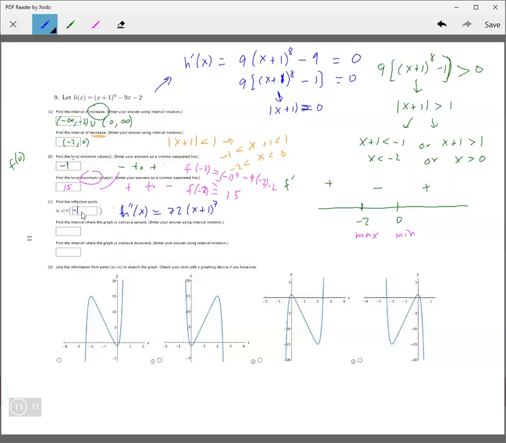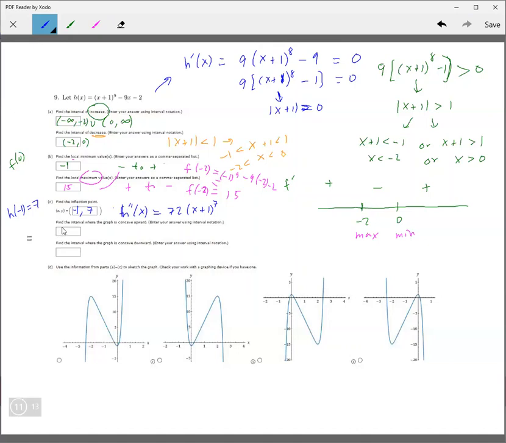So -1, comma, and then put that in here. H of -1 is equal to 7. You put -1 here, that goes away, and you have -1 here, that's going to be +9 minus 2, that's 7.